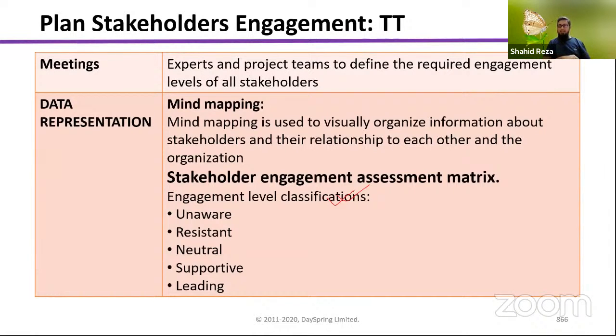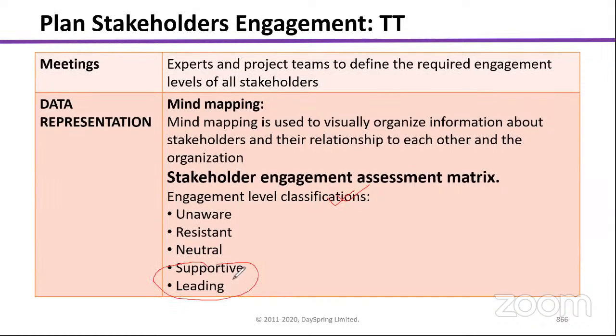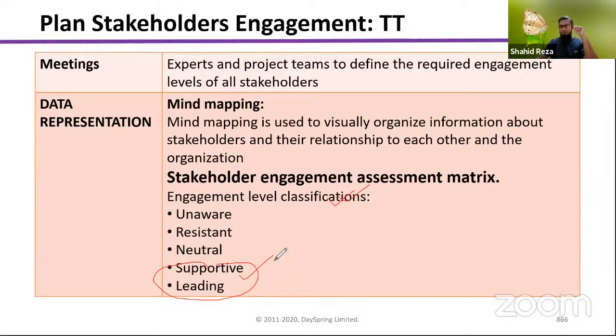My question is, as a project manager, what is your expectation? Your stakeholders, in which level do you want them to be? Leading, right? If we can get stakeholders who are in the supportive and leading stages, this will be better for our project, right?